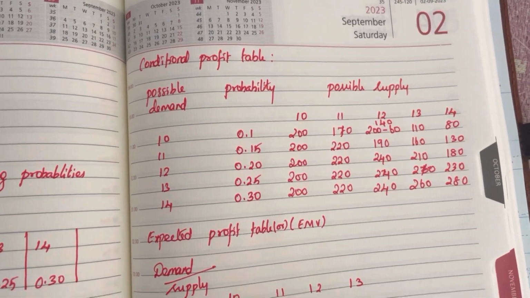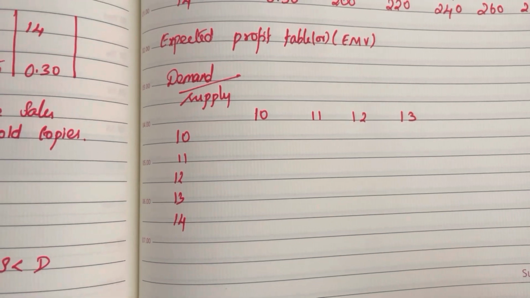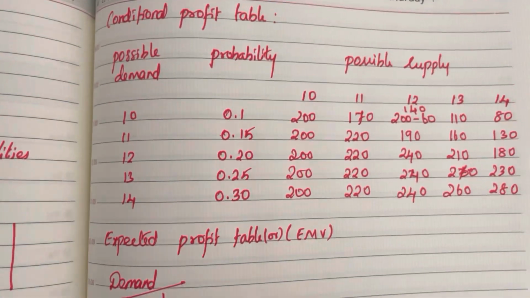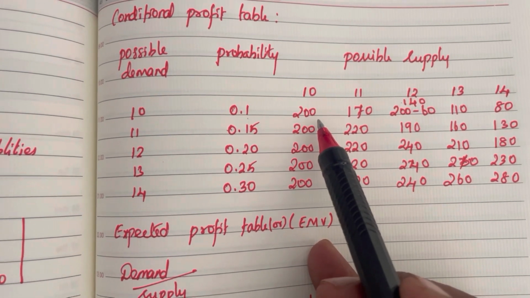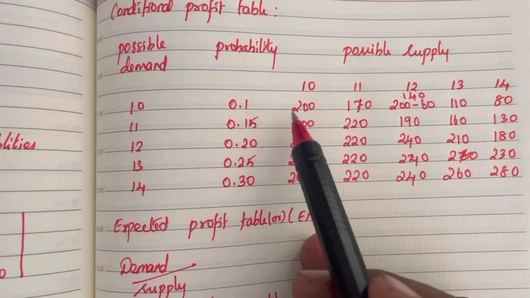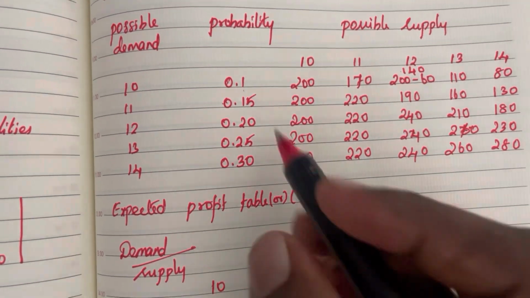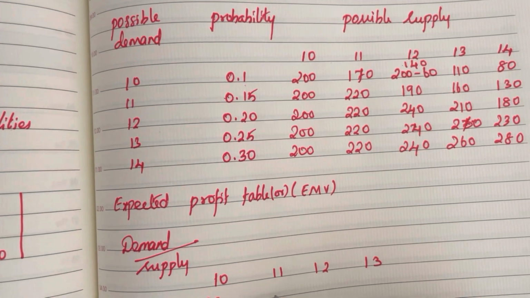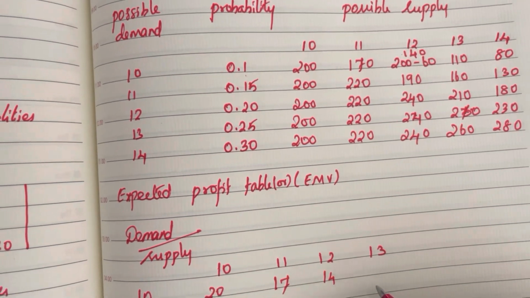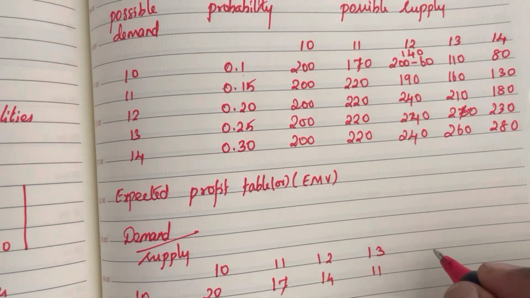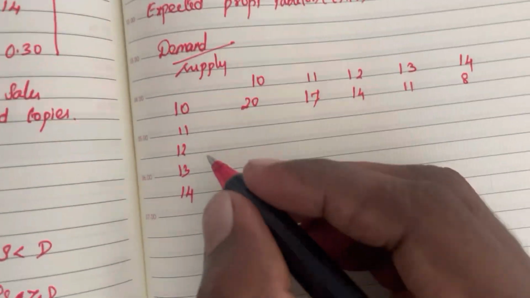Now after finding the conditional profit, you have to find out the expected profit table or your expected money value table. So where we have to multiply your probability with possible conditional profit. Okay, so you need to multiply 0.1 with 200, so that is going to be 20. 0.1 into 170 is going to be 17, 14, 11. So here you will be having 14 as your demand, so it is going to be 8.